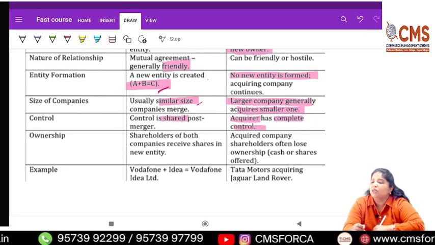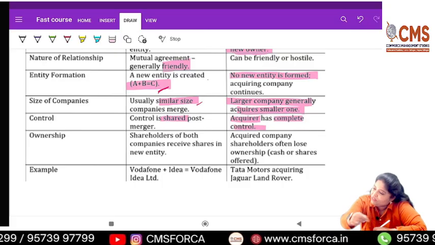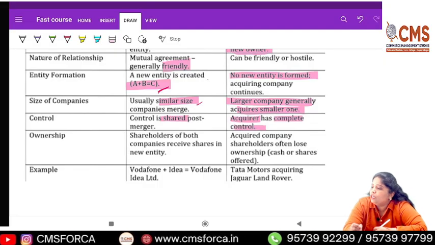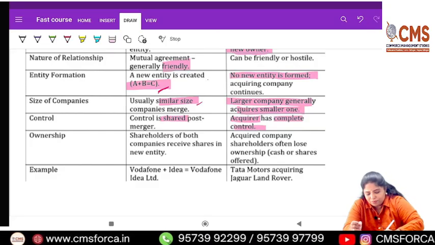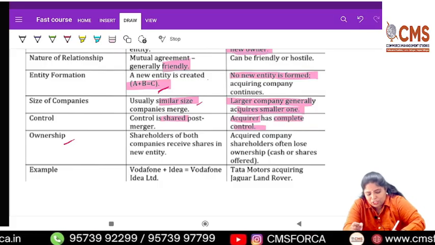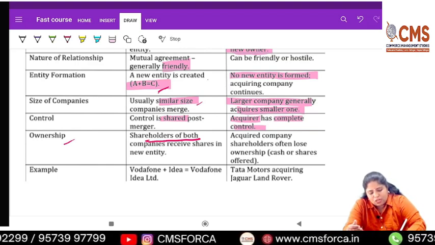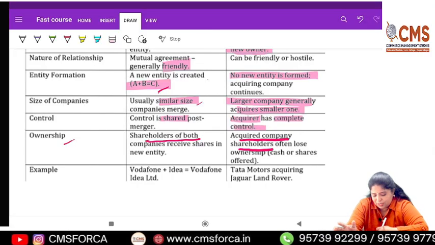Let's talk about control. When a merger happens, control is shared between all the parties and entities. But with acquisition, control exists solely with the stronger firm. Ownership: shares of the new entity will be given to all shareholders of all the entities. But here, only the acquired company's shareholders will have the profits and shares.